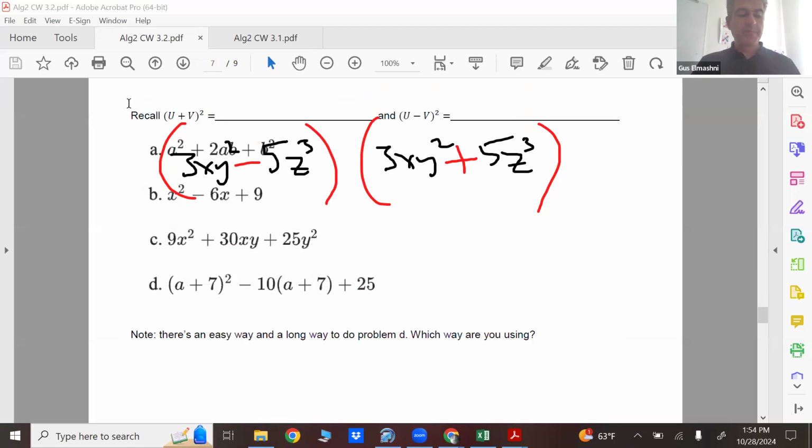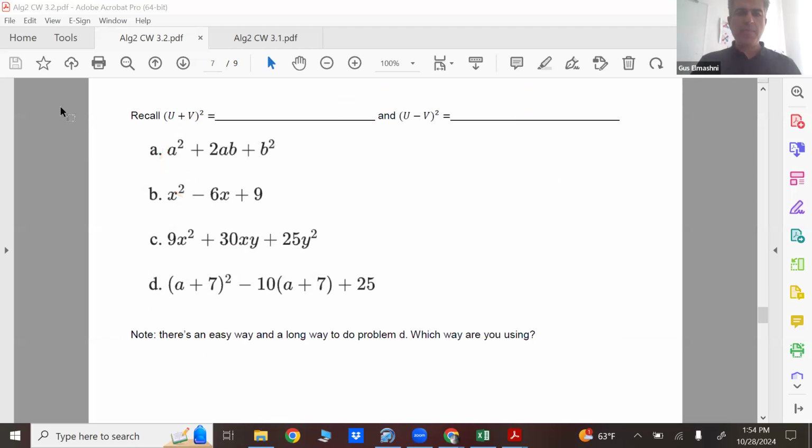For the next set, just remember if you have u plus v squared, that's u plus v times u plus v, which actually becomes u squared plus 2uv plus v squared.